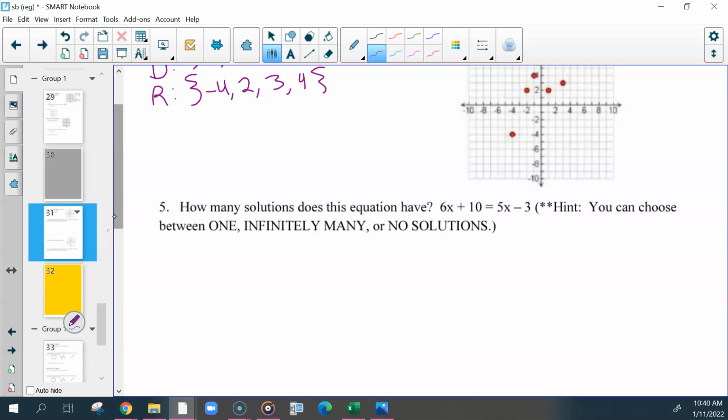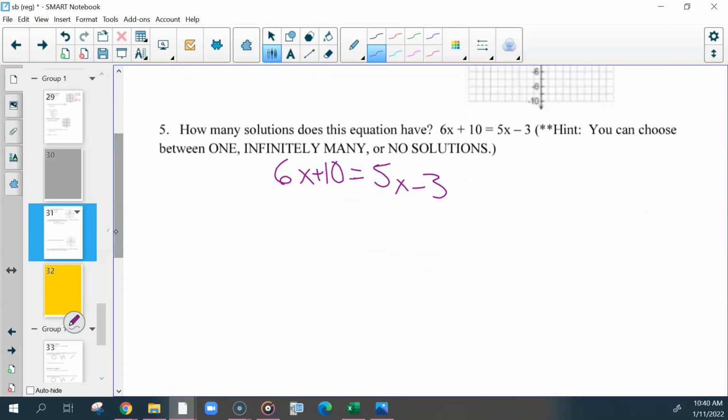If you remember how to do this without solving it, so like remember the rules, then you didn't need to solve it, but I'm going to solve it and then go back and talk about the rules. We would need to get all of the constants on one side and variables on the other. So you can move whatever you want.